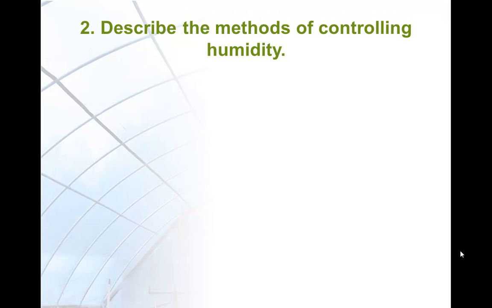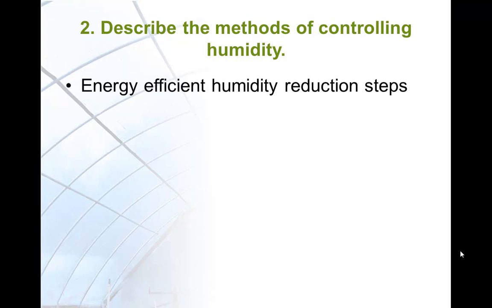To maintain the moisture level within the VPD range, in some situations we need to add moisture to the greenhouse environment. In some situations we need to reduce the moisture level in a greenhouse.